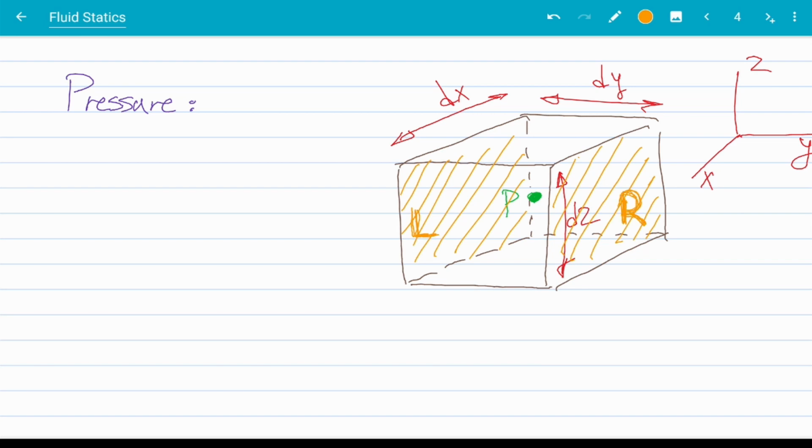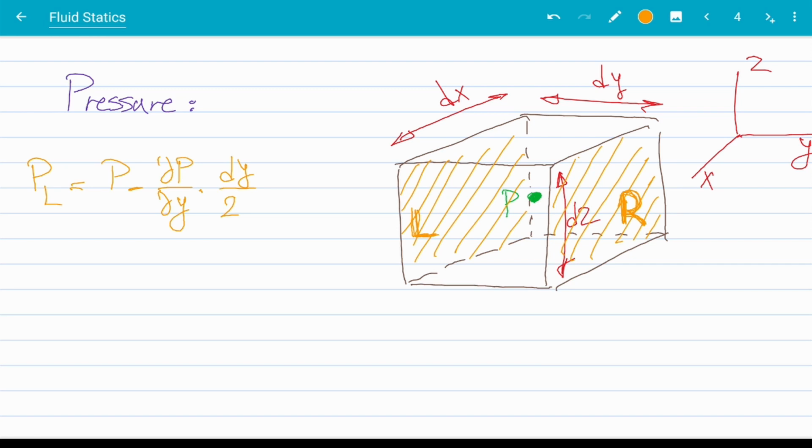Now, pressure on the left using a Taylor series can be written as P on the left is equal to the P of the center of this cube minus partial P partial y times dy over 2, right?